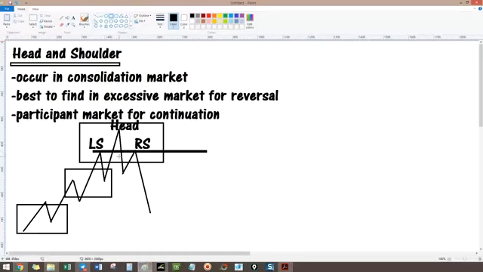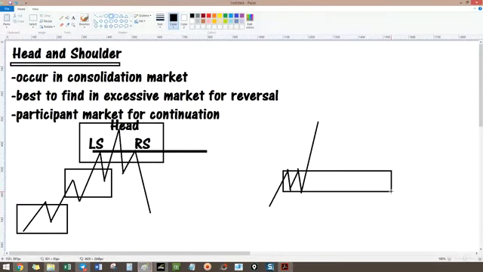All right, so usually over here there will be a base. Something like this. You have a base like this. And then this base will hold price. It will hold price like this.